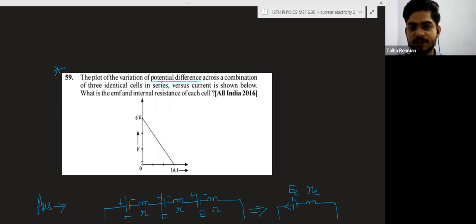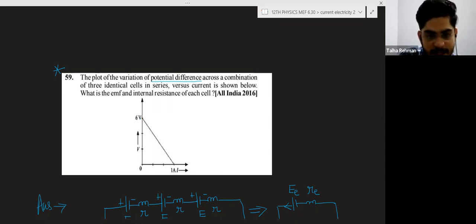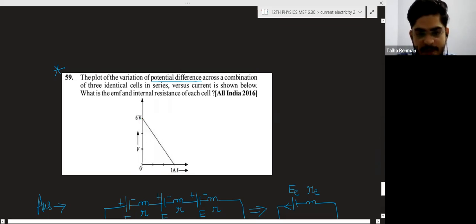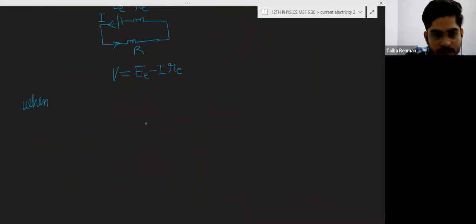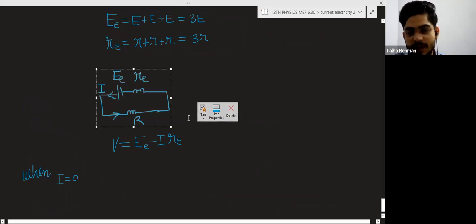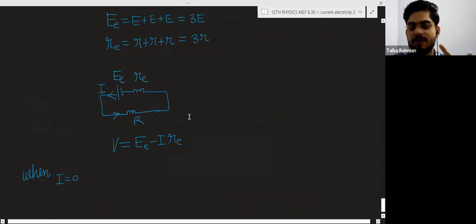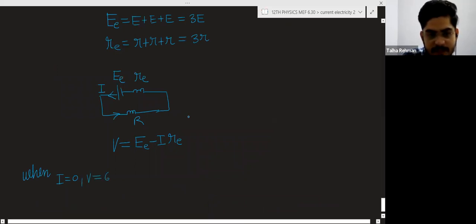When the current is 0, from the graph you will find the potential difference V is equal to 6 volt. All the things of this circuit are decided by the graph given.